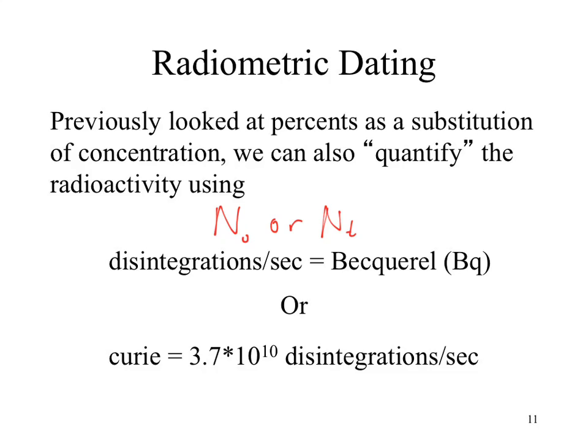If we look at a particularly radioactive species, the number of becquerels ends up being really, really big, and we'd end up having to use massive numbers. So just like we did with molecules in moles, we invent yet another unit to represent that large amount. That's where we get a curie. 1 curie happens to be 3.7 times 10 to the 10th disintegrations per second.